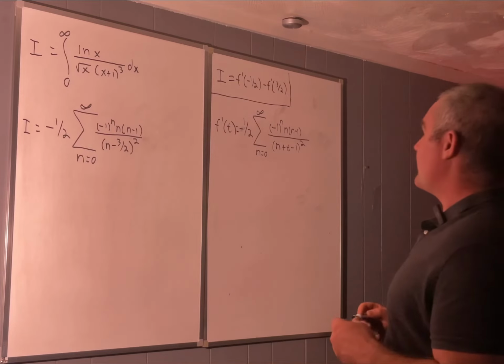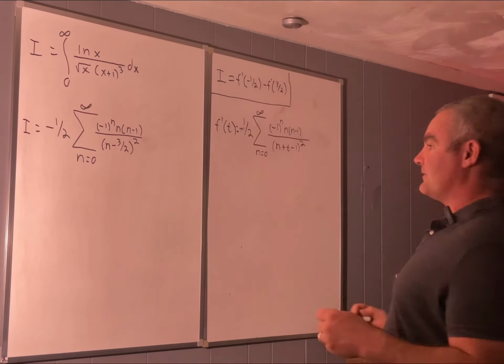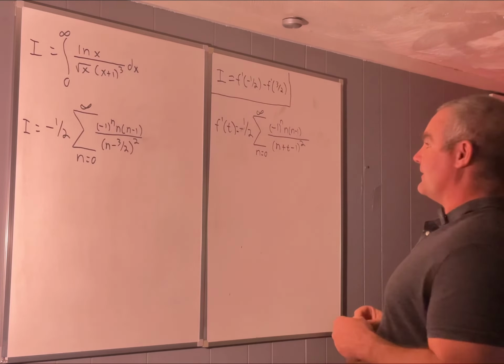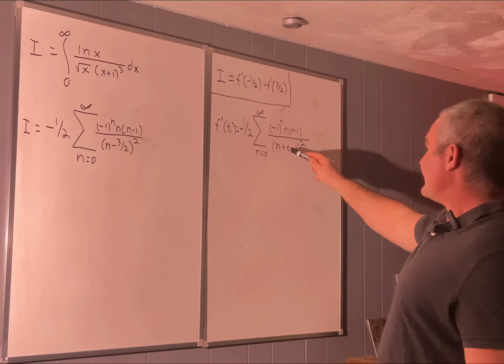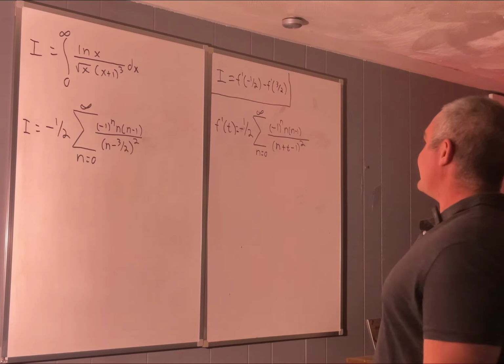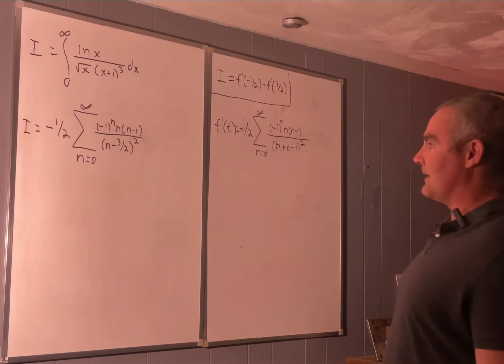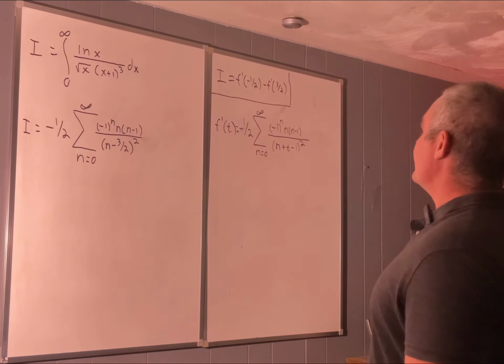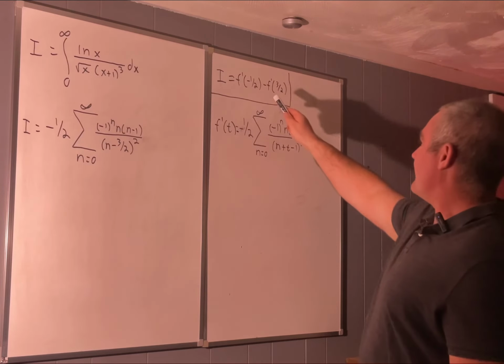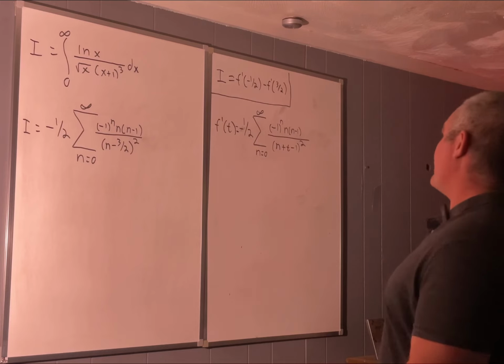Did I do that part right? Yeah, we have the negative 1 half sum from n equals 0 to infinity. We got the negative 1 to the n, we got the n minus 1, and we simply replace this t with a negative 1 half. So that's negative 1 half minus 1 is negative 3 halves. So that's right.